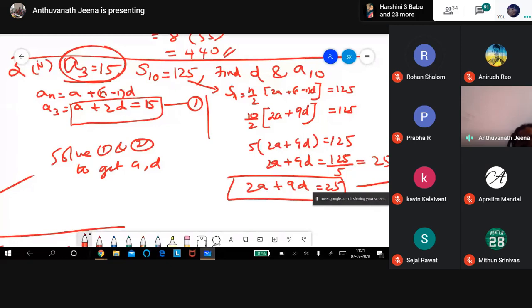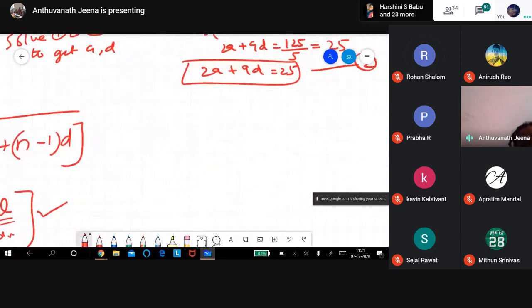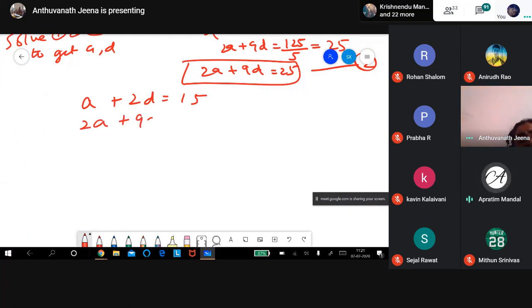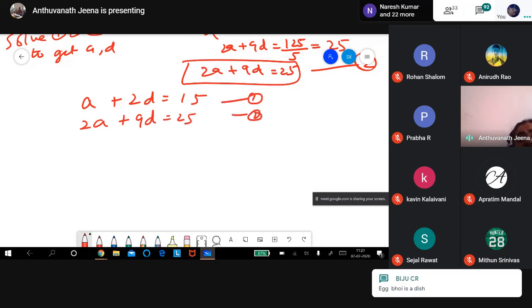What is the first equation? A plus 2d is equal to 15. What is the second equation? 2a plus 9d is equal to 25. Now the a terms should get cancelled.